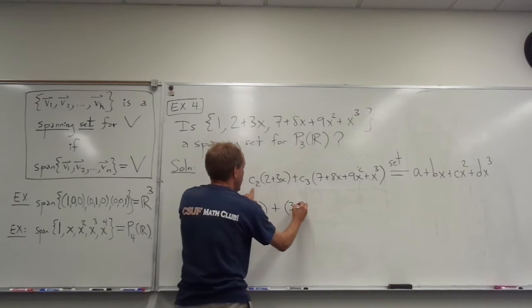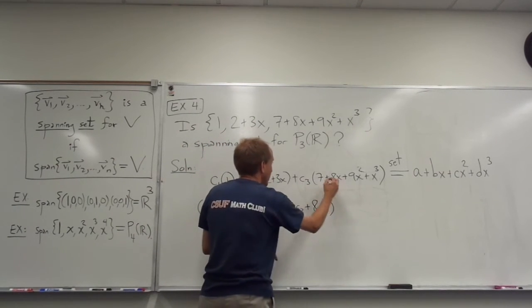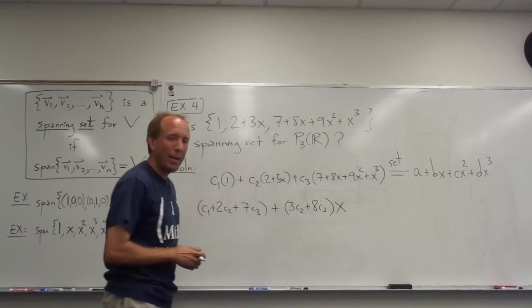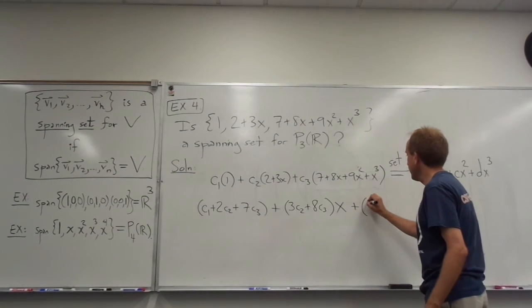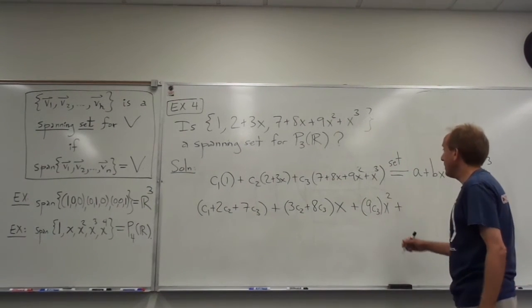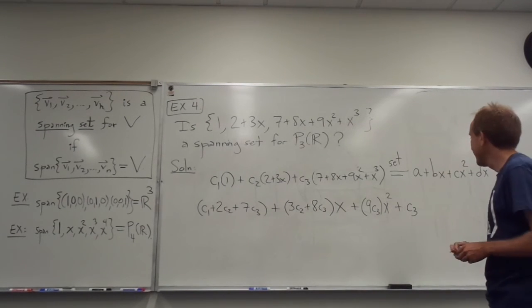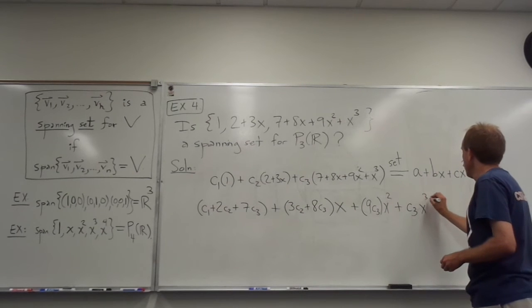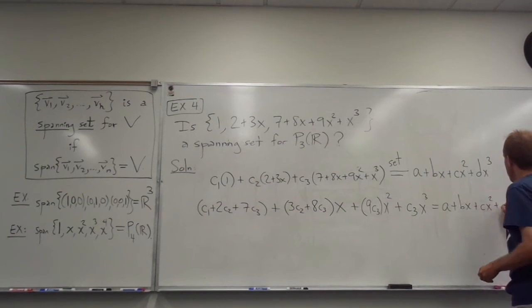Well, there's a 3C2 here and an 8C3 there multiplied by x. And then what about the x squared parts? Well, there's a 9C3 that's multiplied by x squared. And then the x cubed part is just C3 itself, times x cubed. And we're setting that equal to a plus bx plus cx squared plus dx cubed.